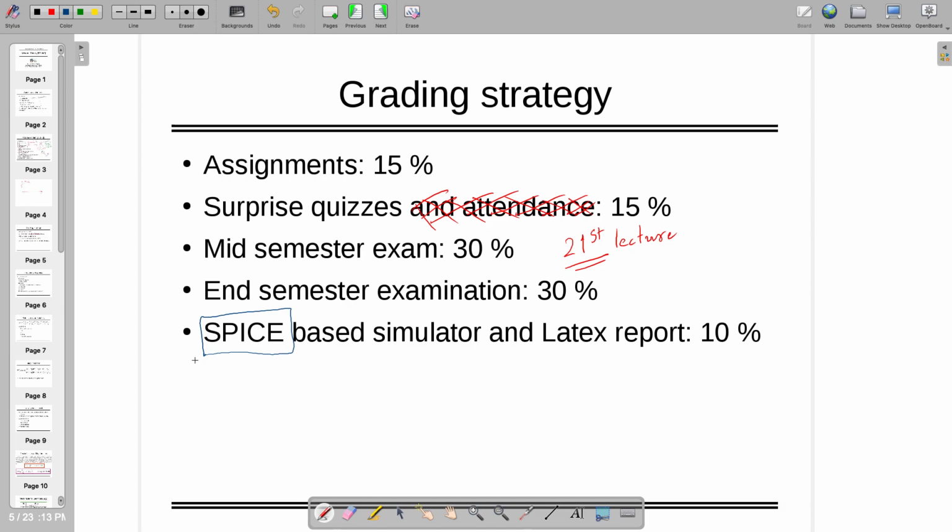So we are going to do some SPICE-based simulation, and I realized that meanwhile we are going to have something on MATLAB also. I learned that you have never studied MATLAB anywhere, so I'll give some small things to solve. Maybe your first assignment will be with MATLAB. You agree with this, or you want to change anything? Just let me know.